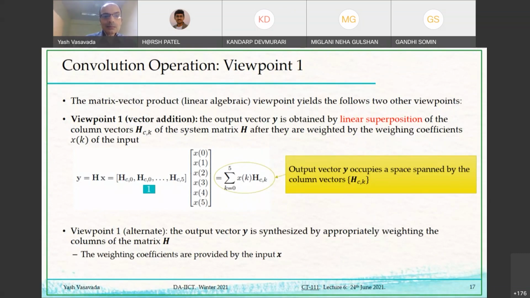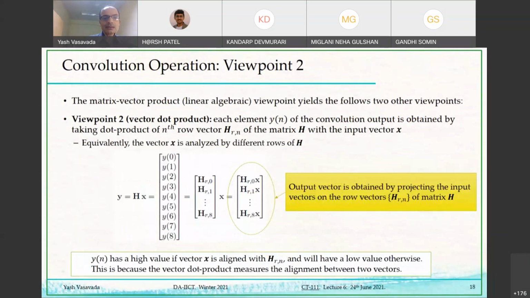Well, there is another viewpoint which is the vector dot product viewpoint. So here now we think of this matrix H as not comprising of different columns, but we take a row by row viewpoint of the matrix.